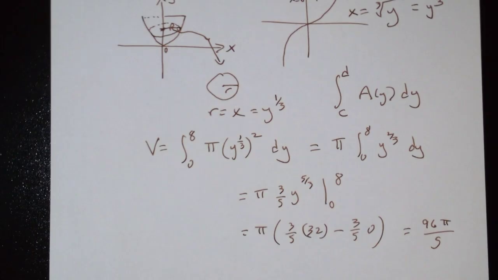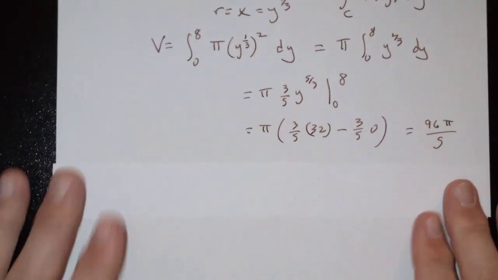Now I could take this same region and go around the x-axis. I'd get a different volume. But look at what happens if I try and draw the picture of this same region going around the x direction.